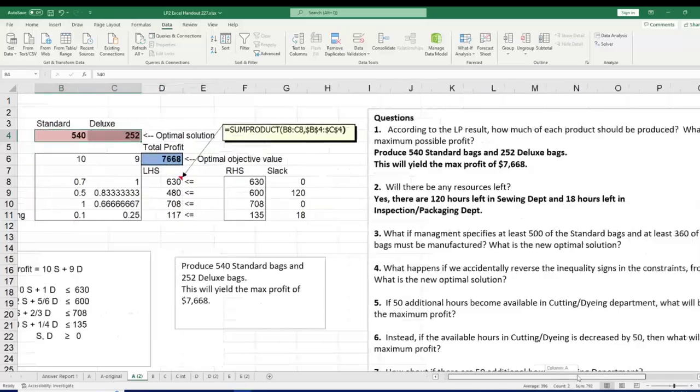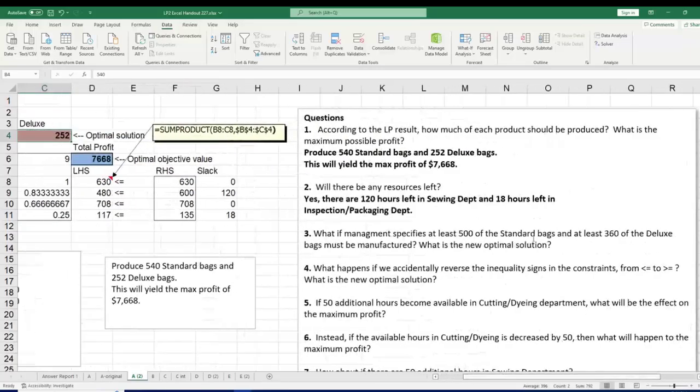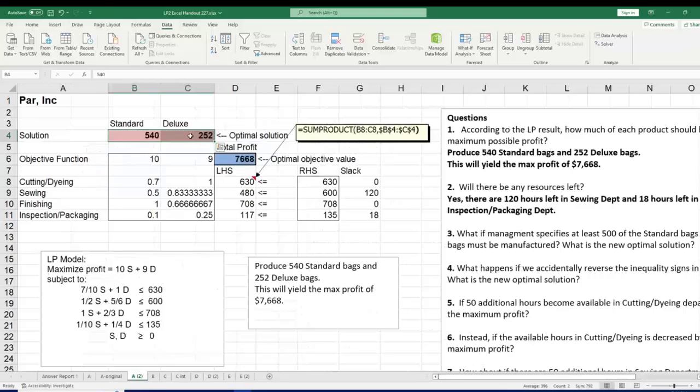Now it's saying you have to produce at least 500, which is what we're doing, but then it says at least 360, which is not what we are doing here. So we could add some constraints: this has to be at least 500, and that number has to be at least 360.